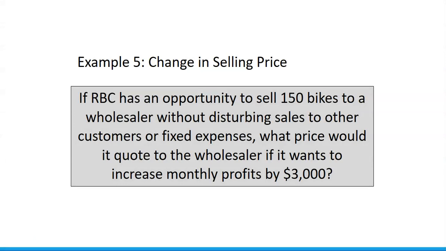In this example, we have an opportunity to sell 150 bikes to a wholesaler without disturbing sales to other customers or fixed expenses. So what price are we going to quote to the wholesaler if we want to increase our monthly profits by $3,000?